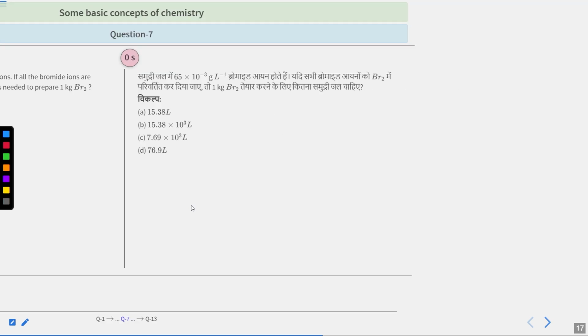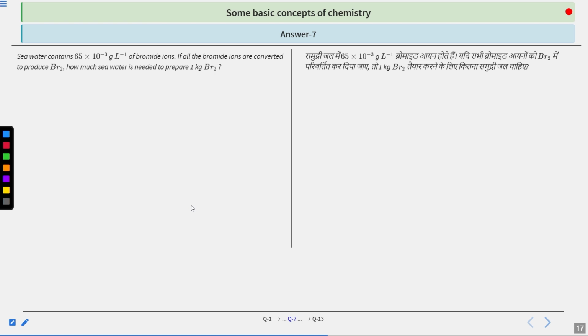Let us see the answer. It is said that we have seawater and its bromide concentration is 65 into 10 to the power minus 3 gram in each liter. Now if all the bromide ions are converted to produce Br2, how much seawater is needed to prepare 1 kg Br2? The correct option is B. To convert Br minus to Br2, we have to look at the balanced equation.